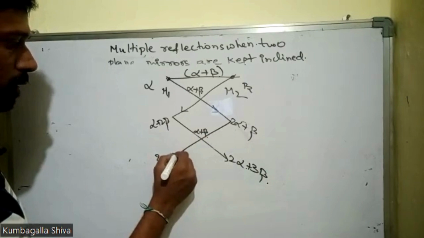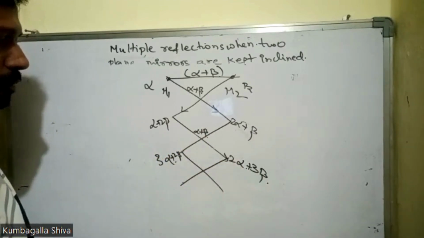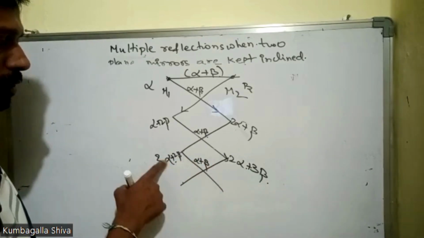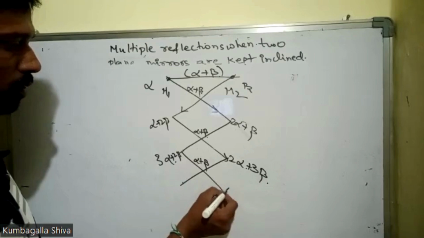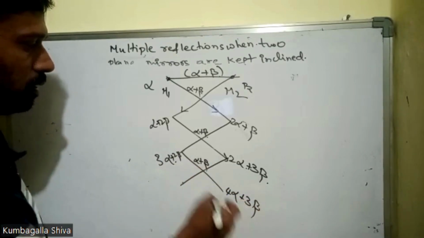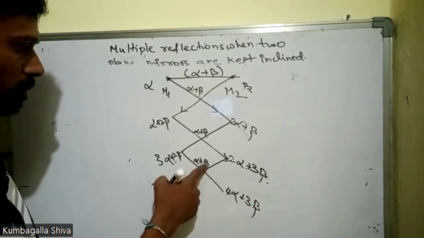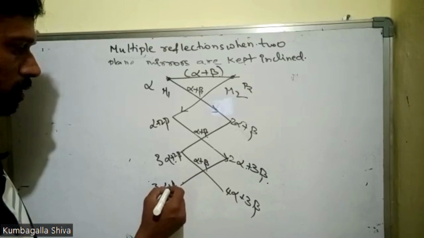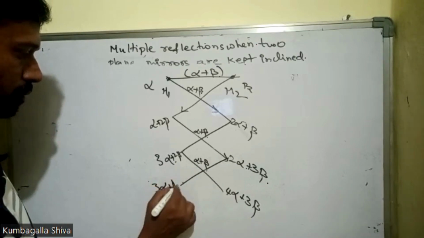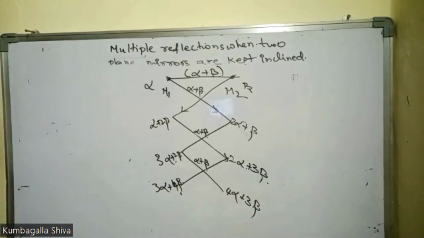This side is 2 beta. Next, again in a crisscross, what you get? Again you do the alpha plus beta angle. Now 3 alpha plus alpha, 4 alpha, 2 beta plus beta, you get 3 beta. Now alpha plus beta, you get here 3 alpha plus beta, that is 4 beta, right? And this continues, right?